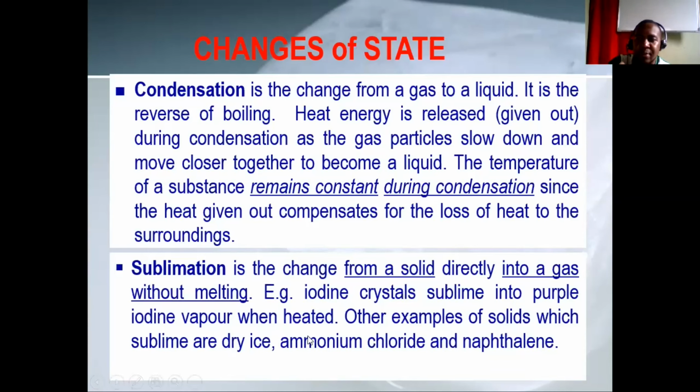So these are important examples of substances that sublime. It's important that you know them, especially ammonium chloride, as it's normally in multiple choice questions. So ammonium chloride, dry ice, iodine crystals, and naphthalene are very good examples.